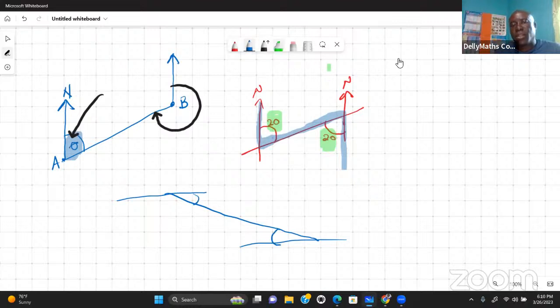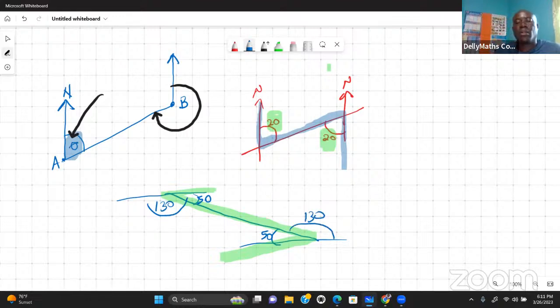So if I could take a time to show you, this is what we mean. You're still seeing this sort of Z, right? So this angle here, if it is 50, automatically this becomes 50. And if this angle here becomes 130, then the angle on the other side becomes 130 as well, right?